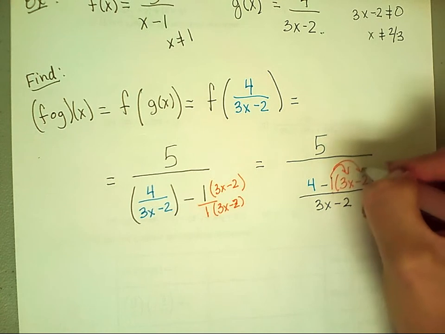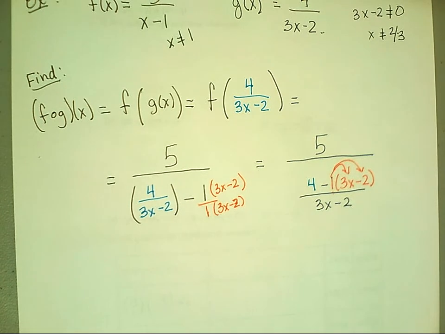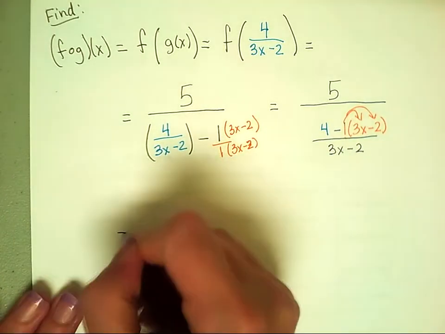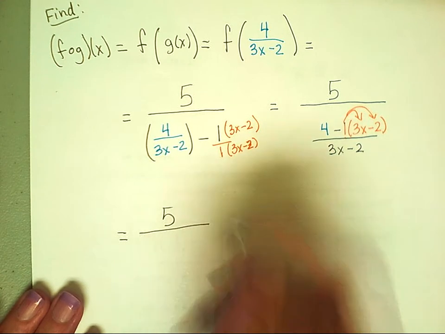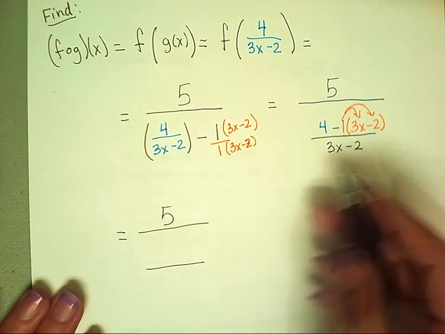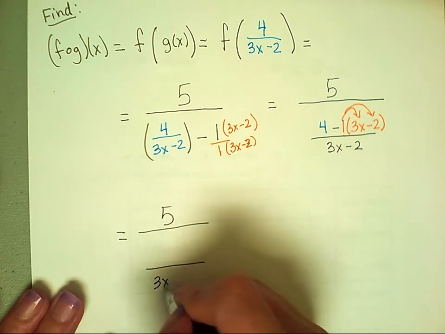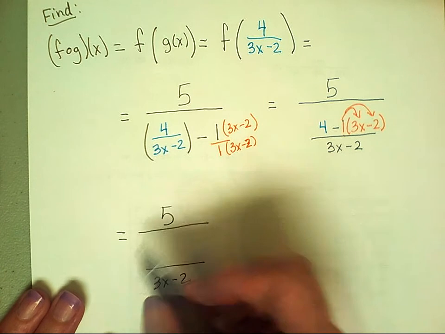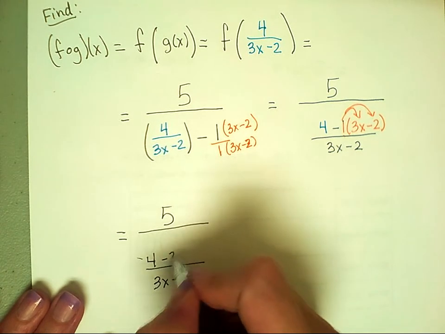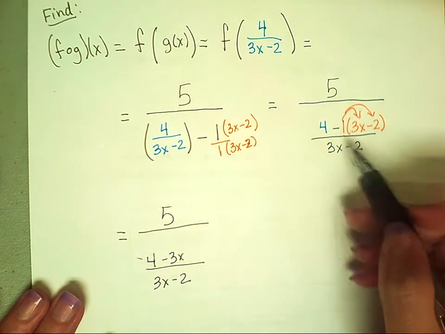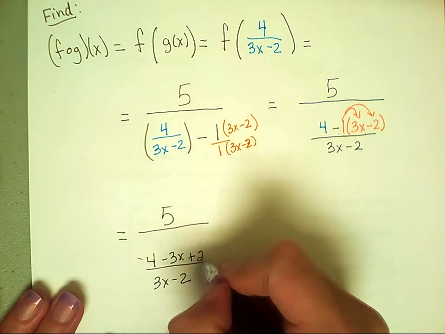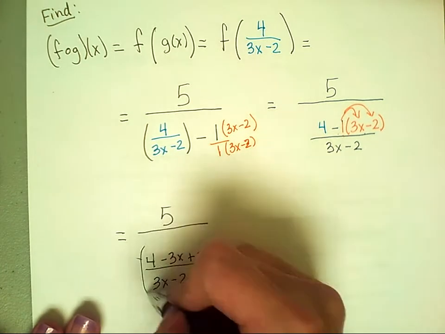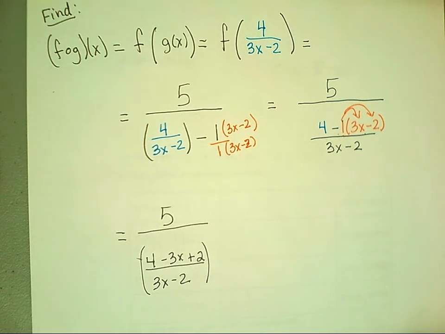Remember to use your parentheses because we need to simplify by distributing. So this is 5 over, okay, our common denominator stays the same here, 3x minus 2. So this is 4 minus 3x plus 2. All right. Good.